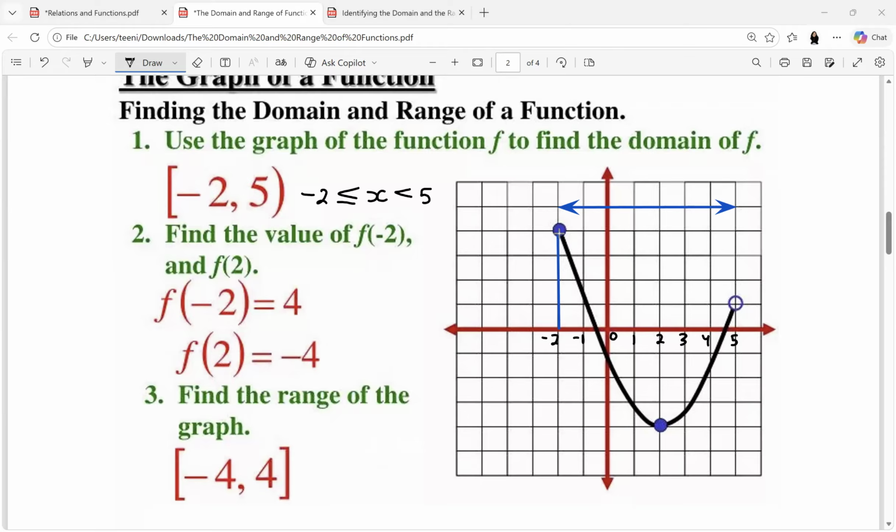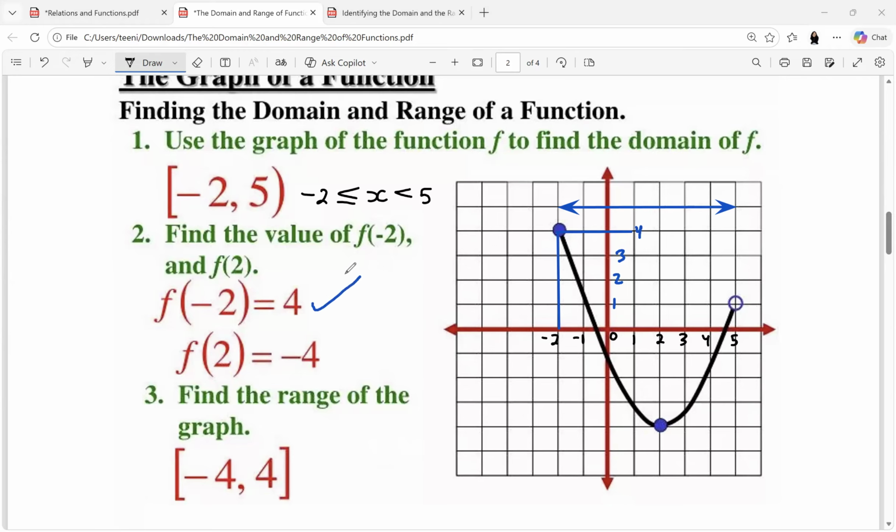You're reading from your x-axis. This is -2. So then you go up and then you come across. And what value does that correspond with? This is 1, 2, 3, and 4. So I'll say f of -2 is equal to 4.